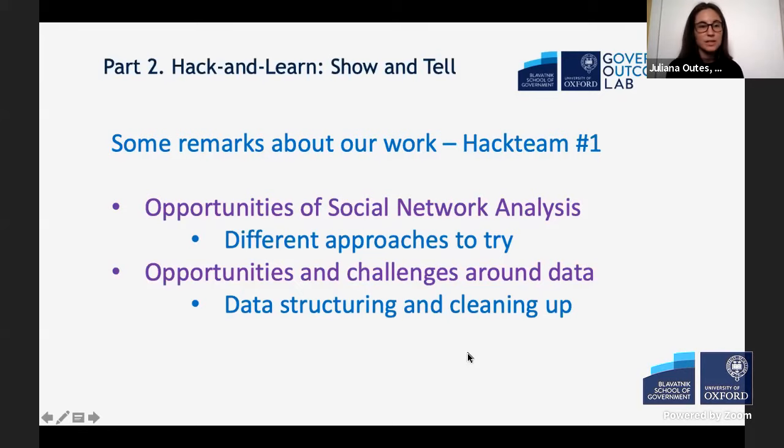And our second remarks about our work are about the opportunities and challenges that we faced with our INDIGO data. For the future, we would like to have data about the links of organizations in a more accessible format, because at the moment, the information is available in the INDIGO database, but it is not in the file that we download from the main web page of the GoLab.